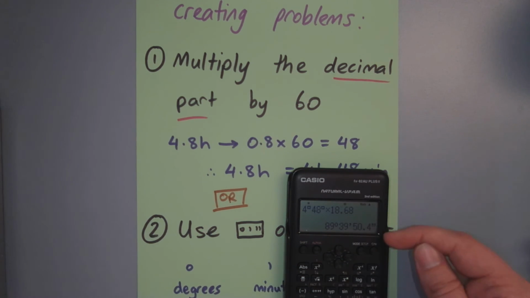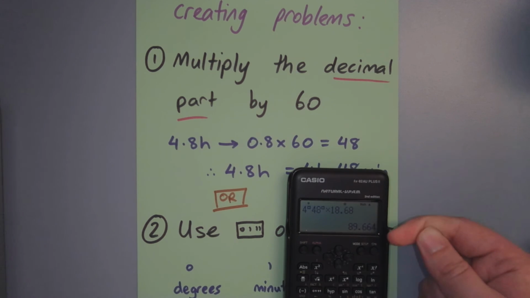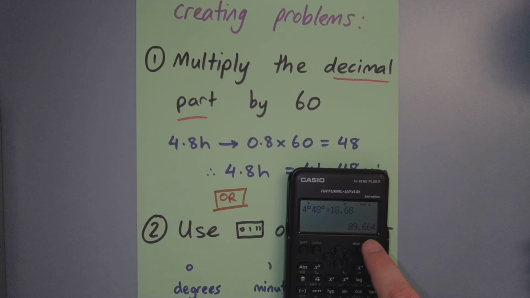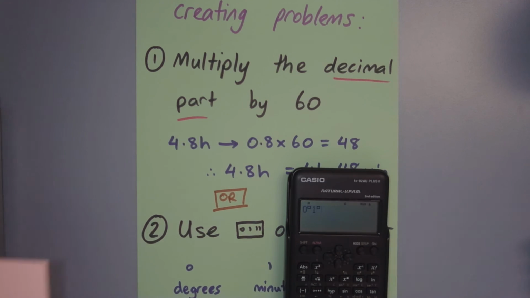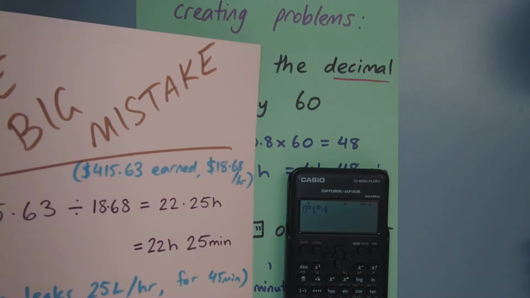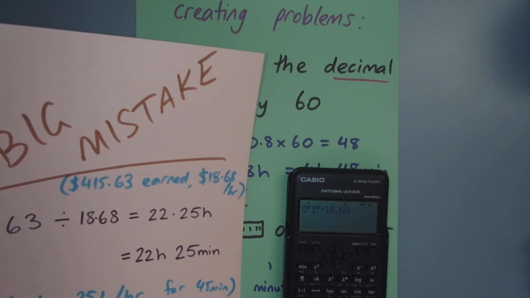Okay, I have to push the bubble button because I don't want a time for my answer. I want dollars for my answer here. Yeah, cool. I'm getting $89.66. So I can use the minutes in my calculation now. How much do I earn per minute if I'm on that wage? 0 degrees, 1 minute times $18.68.